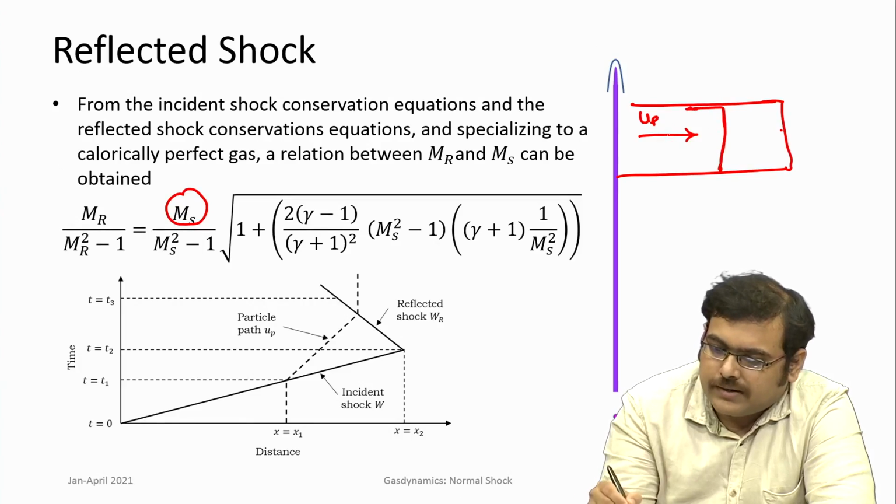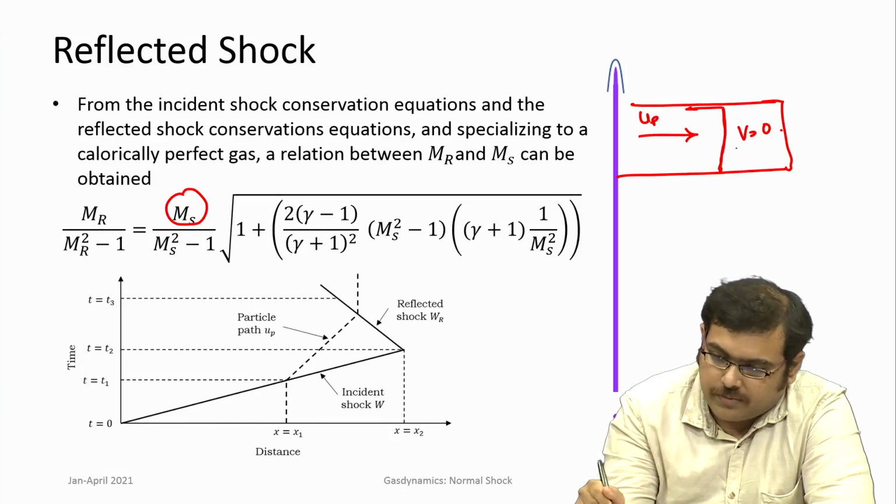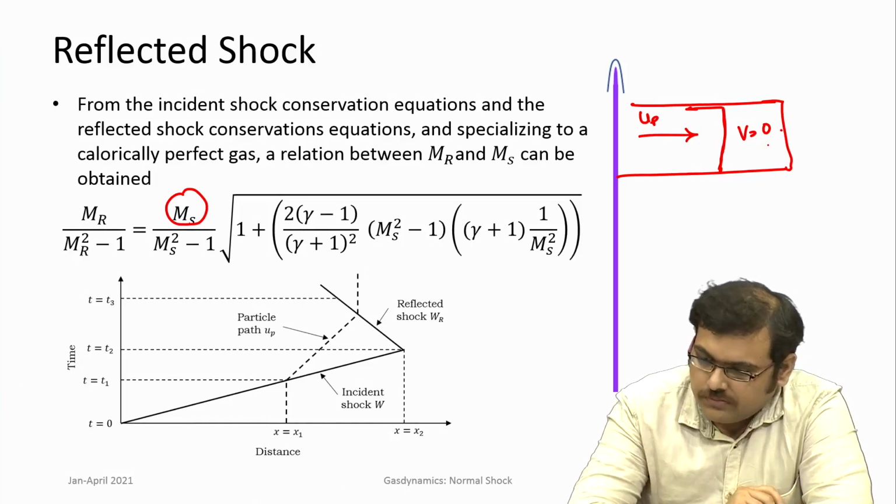As it goes back, it converts all this to a velocity equal to 0. So, the velocity of the particle again becomes 0.